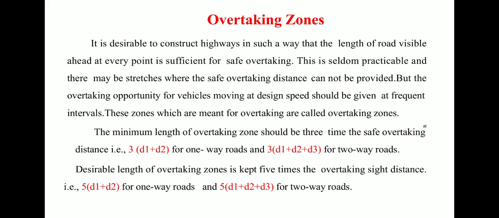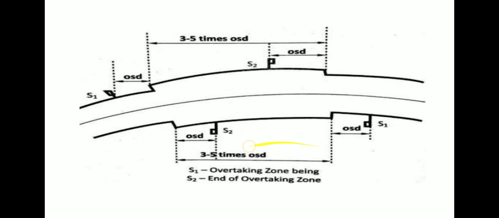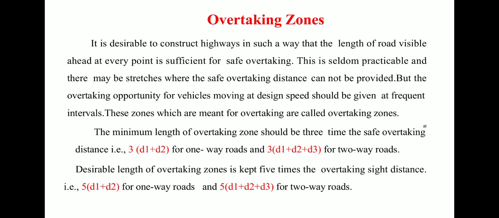Also, there are some overtaking zones provided on the road surfaces. Here you can see there are some overtaking zones, meaning those portions are wide enough for overtaking. It is desirable to construct highways in such a way that the length of the road visible ahead at every point is sufficient for safe overtaking.